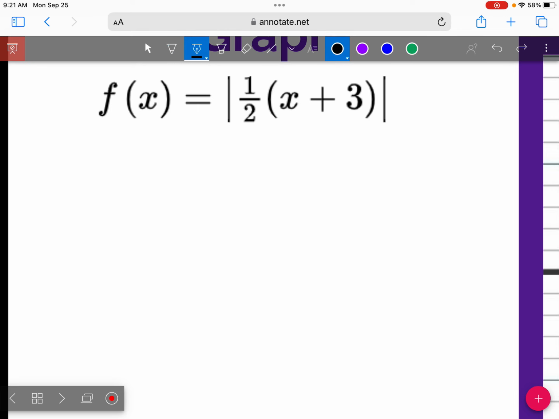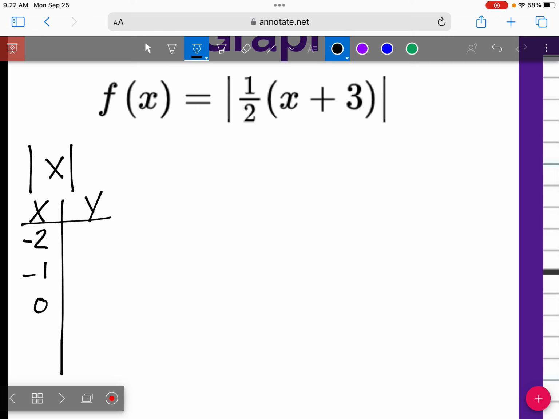I mean, not new, but like new to today. Where we're going to think about our absolute value of x. What x values are we going to use? And what are our y values?